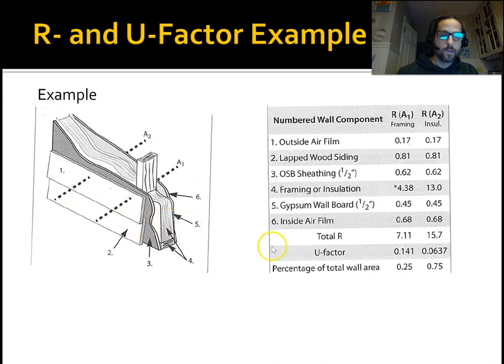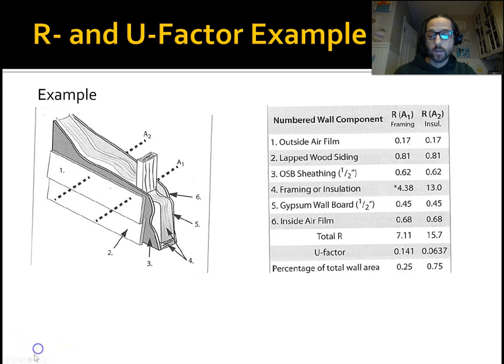If we want to calculate the heat loss through this whole wall, remember our heat loss equation uses U, so UA delta T or UA HDD. We're going to get one U value by combining these. Now, remember, you cannot add U values.